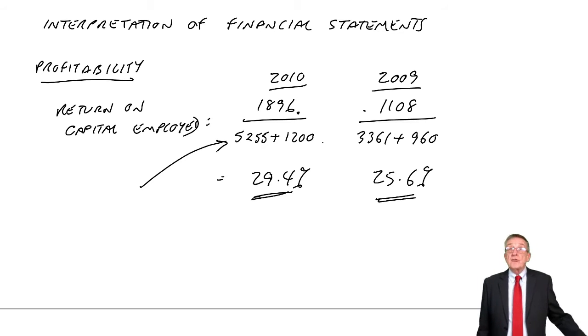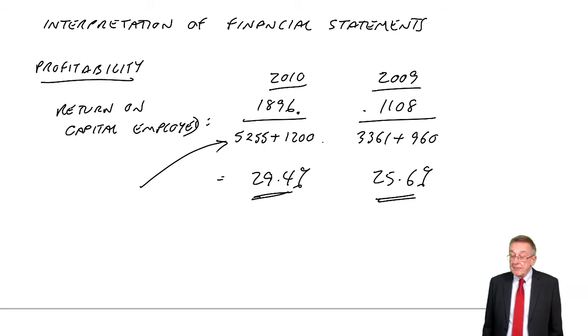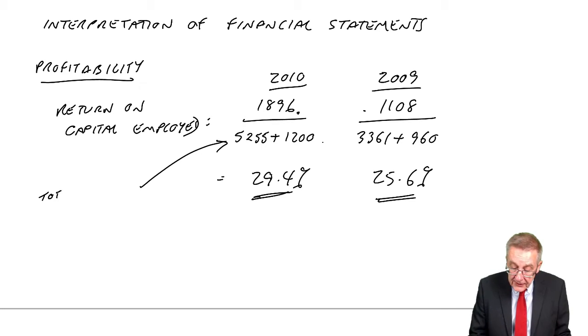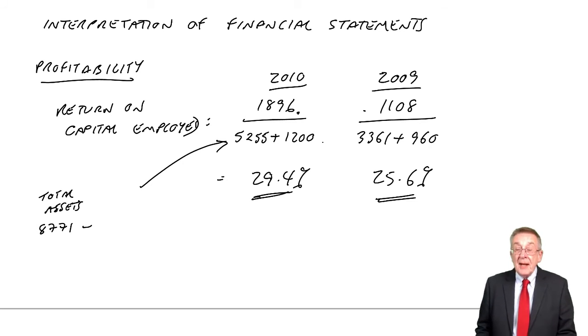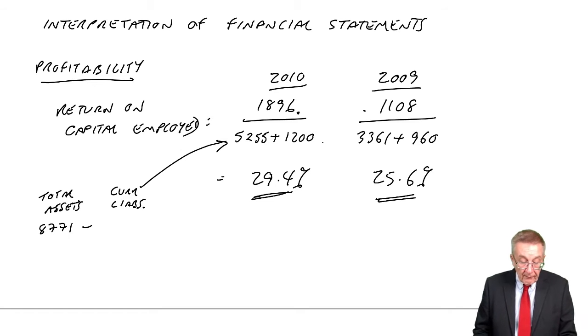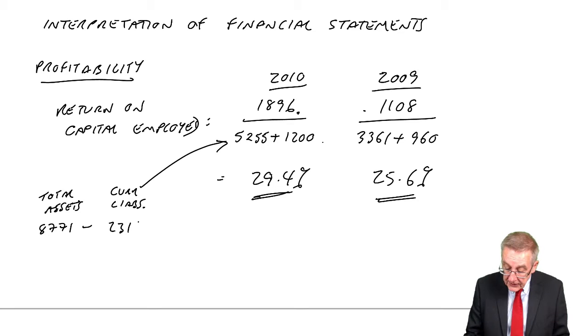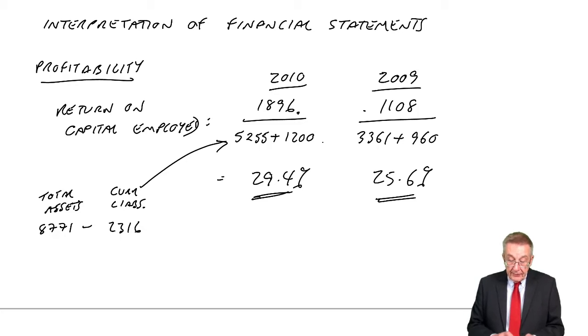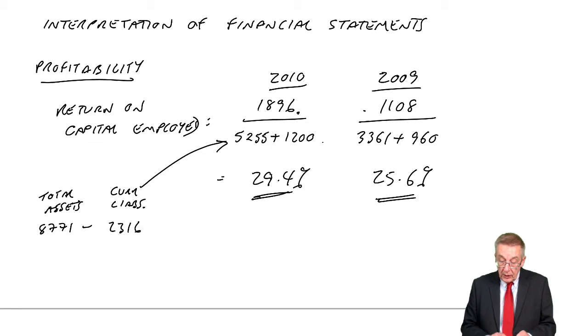Be clear, and this is right back to, I think, the second chapter, that will always be equal to the total assets, which in 2010, 8771, minus the current liabilities. Current liabilities in 2010 were 2316.